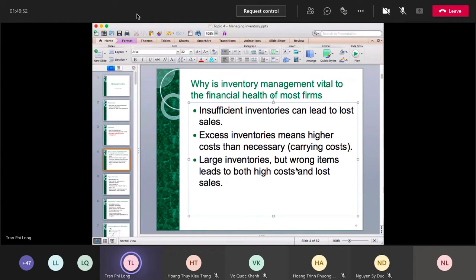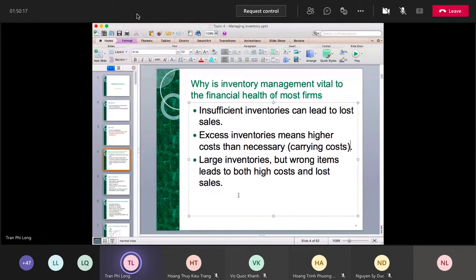When you store a lot of inventory, you cannot sell it quickly, and when the new product comes to the market, your product may be outdated, and you don't need to do anything. The value of your outdated inventory will reduce automatically.